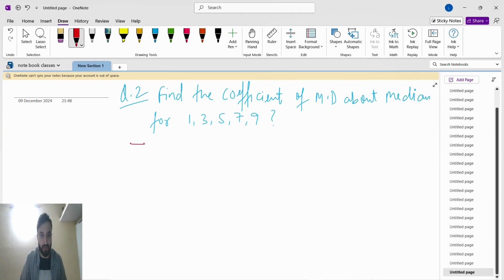So here, guys, they said find the coefficient of mean deviation about median. So first of all we will find the median.